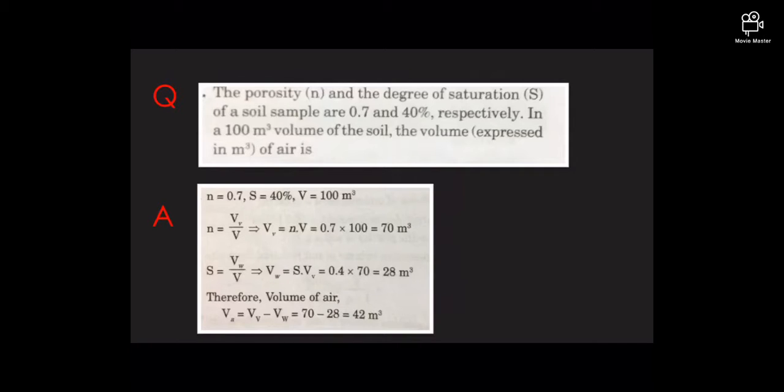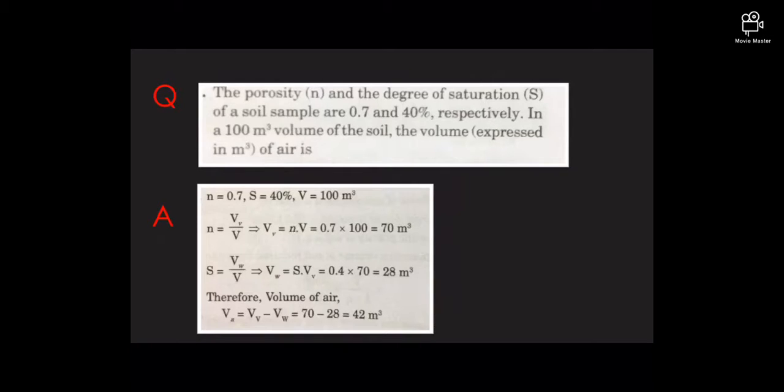So from that equation, we can easily find out the volume of voids. So, volume of voids is equal to porosity N into V, which is equal to 0.7 into 100. 100 is the volume which is given in the question. So, we are getting 70 meter cube.